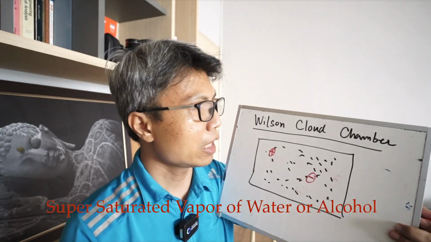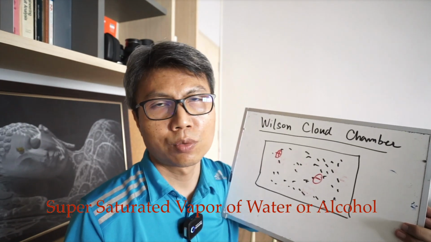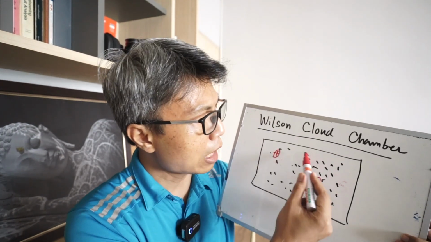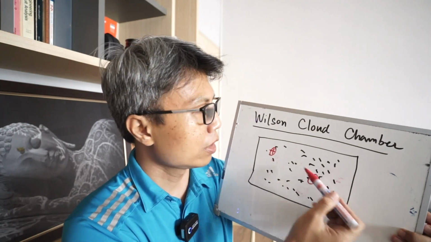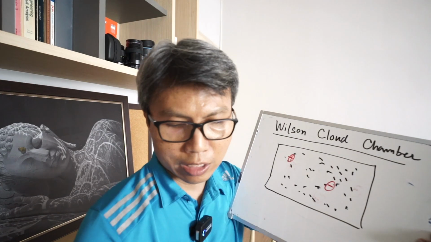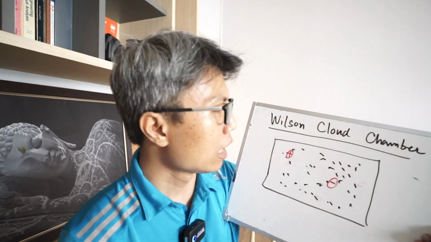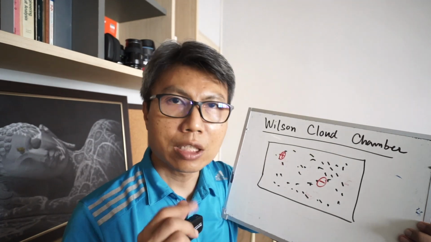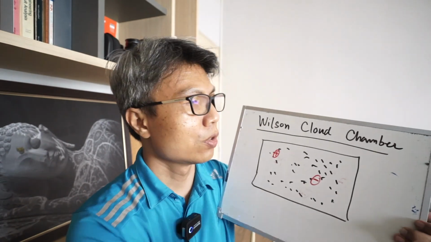However, you know that water is a polar molecule, and this polar molecule can interact with the positive and negative ion, and therefore it is no surprise that the ion inside the cloud chamber can act like a center of condensation.